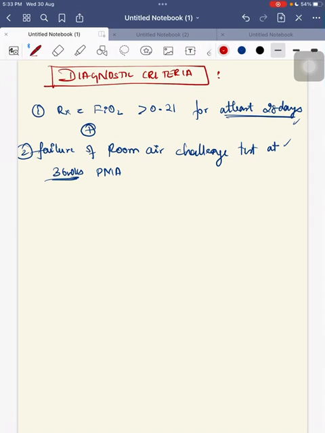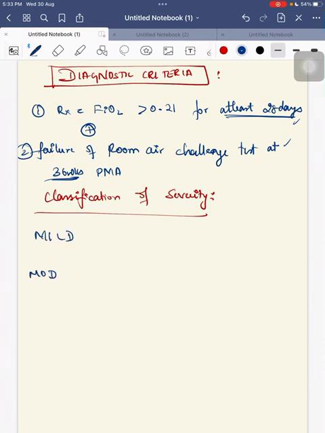Next is classification of severity. It is classified as mild, moderate and severe. You call it mild BPD when the child requires less than or equal to 0.30 effective FiO2, that is, less than 30%.